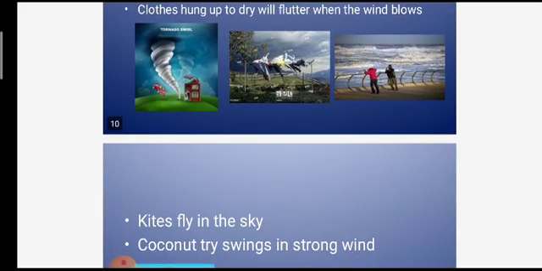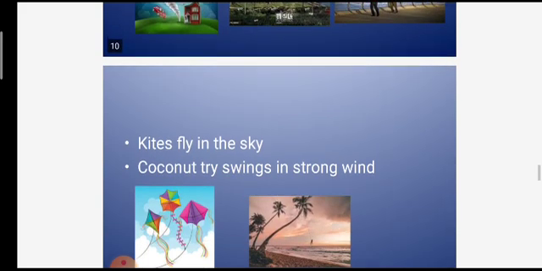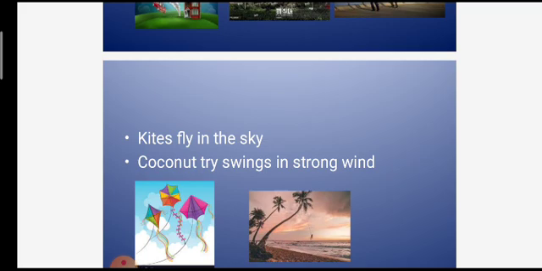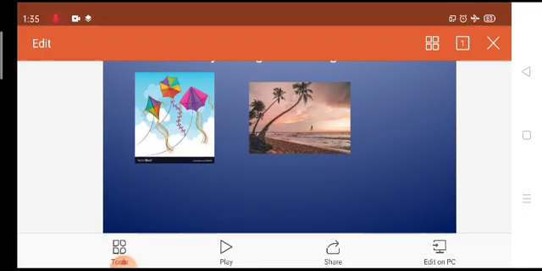Here are other examples: kites fly in the sky. With the help of wind only the kites fly. If there is no wind, the kites cannot fly. Then, coconut trees swing in strong wind.